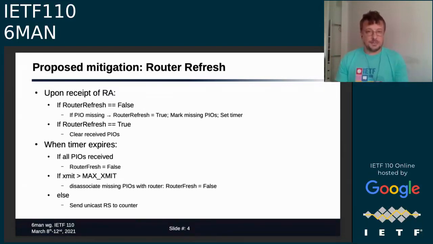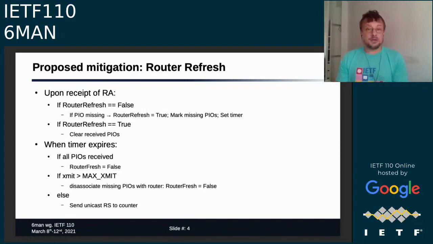So if you receive an RA and you are not currently refreshing the information, then you check the PIOs. If any of them is missing, then you have to enter this router refresh mode, if you wish.